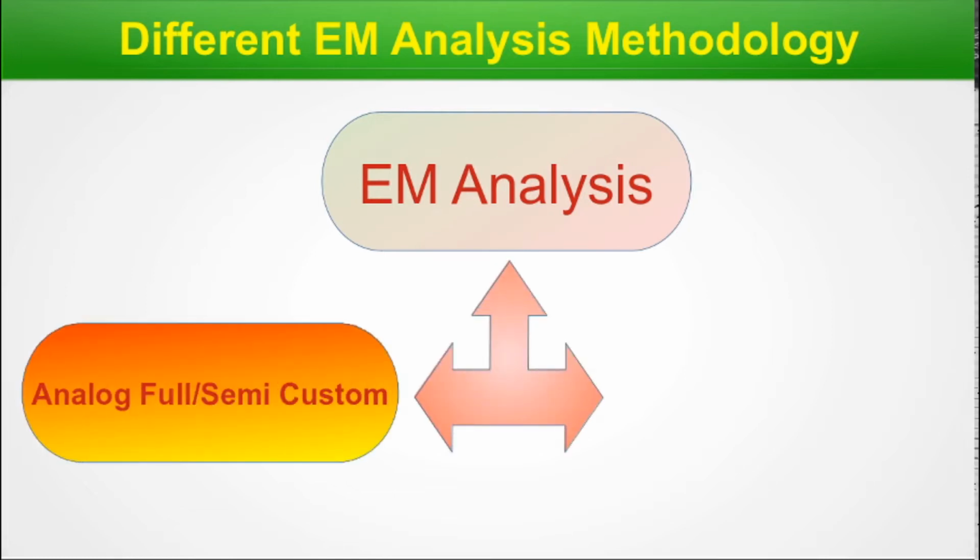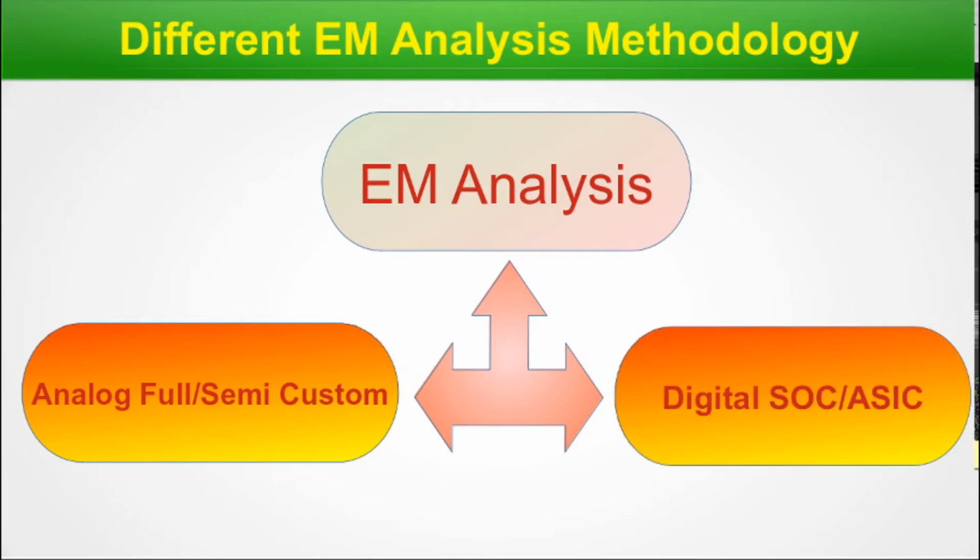One is for the analog or semi-custom, and the second is for the digital. The physics behind EM analysis is the same, but when we predict it during our designing process, we have to follow a different methodology for the prediction or the violation detection.